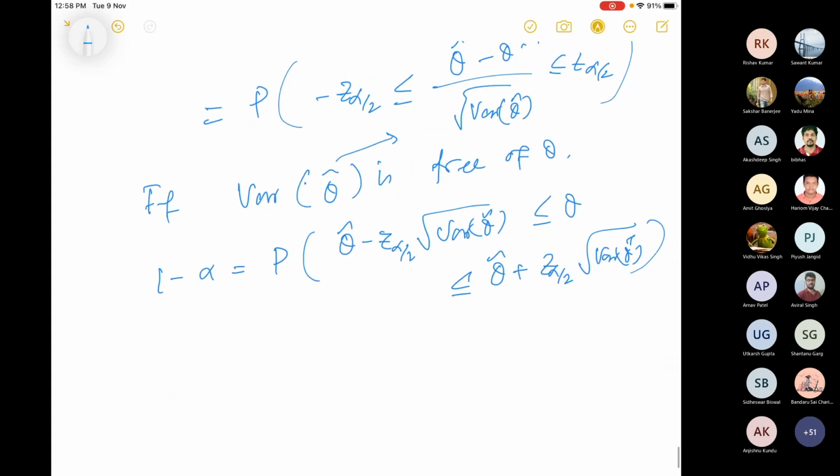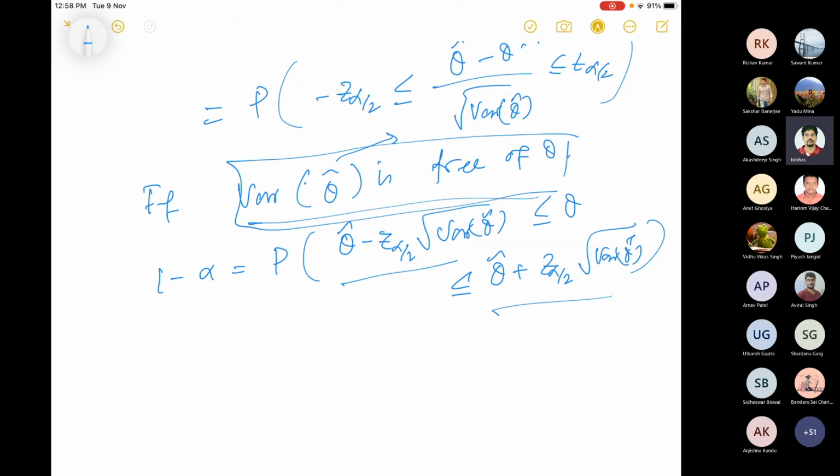So this is my confidence interval when this is free of theta. This is the lower bound, this is the upper bound. But on many occasions it may happen that this variance is not free of theta but depends on theta. Then we have to use other methods, which we will not discuss because we don't have time.